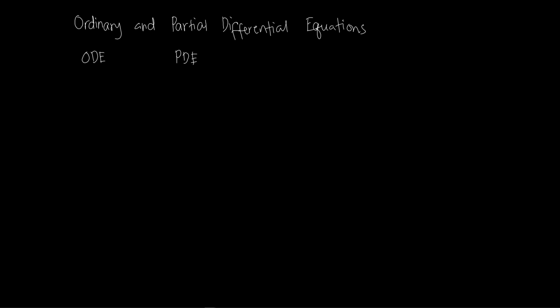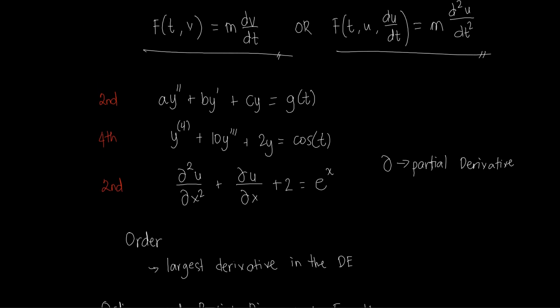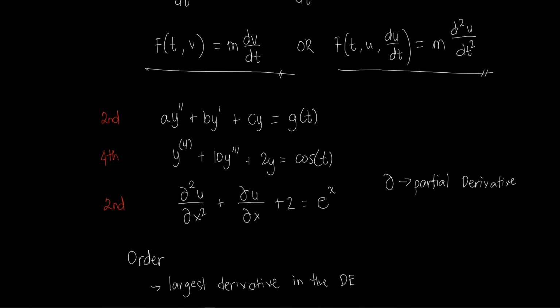Okay? So, yung given natin kanina, ito, is this an ordinary DE or partial? Ordinary, sir. So, this is an ODE. Ito, ODE rin. Whereas ito, partial.